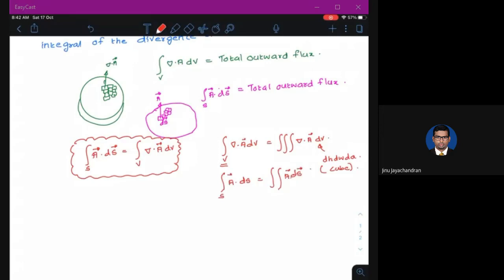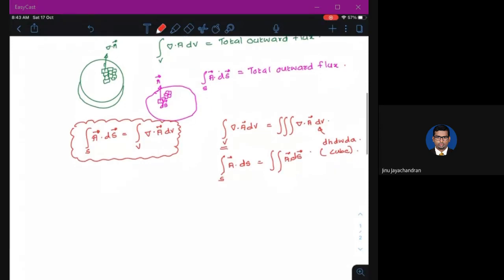Because surface means it is a two-dimensional thing, and the area of the surface is basically a double integral. If it is a rectangle, it is along the width and the height. If it is a circle, then it is along the radius and along the angle it traverses when we change the radius. Okay, so don't get confused with the notation of the single integral here. It is actually a triple integral if it is a volume, and a double integral if it is a surface.